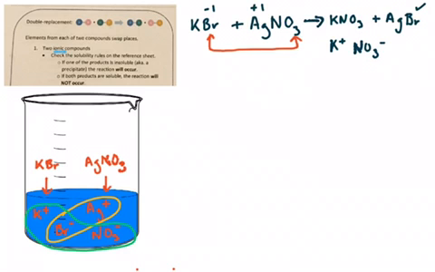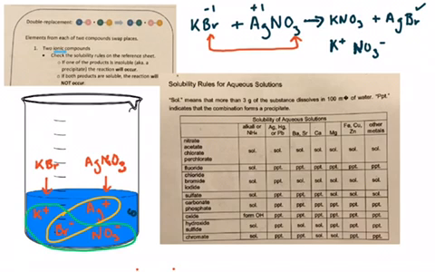So now, the next thing we have to do is to decide if, when these ions recombine in solution, they stay ions or if they come together to form a solid compound that we call a precipitate. In order to determine what happens, we're going to have to check our solubility rules on our reference sheet. Alright.